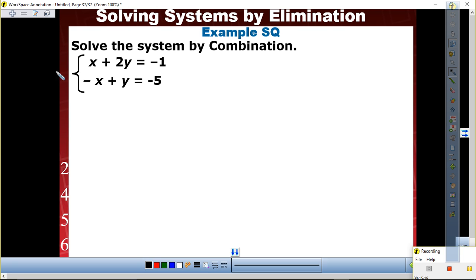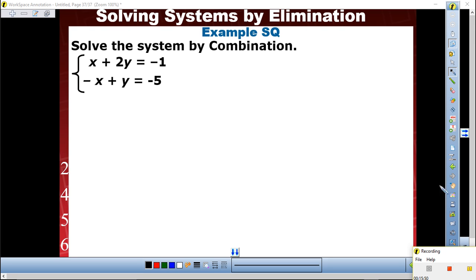This is just a system. They're indicating that it's a system, but it's not solved. So, does everybody know where to start? Okay. See if you can do that one by yourself. Ready? Go. One minute. Go.